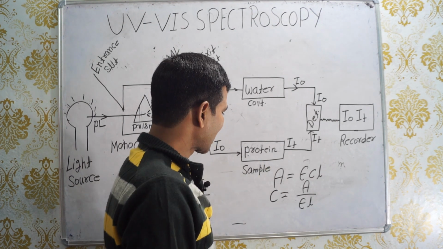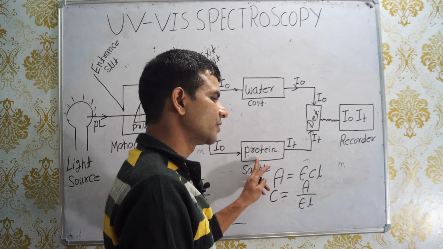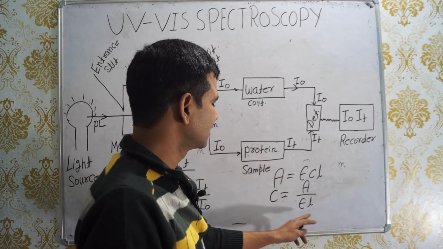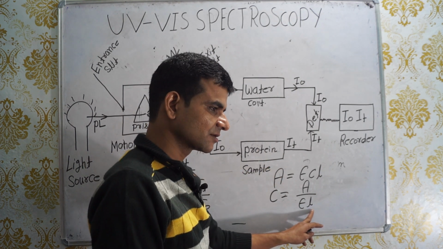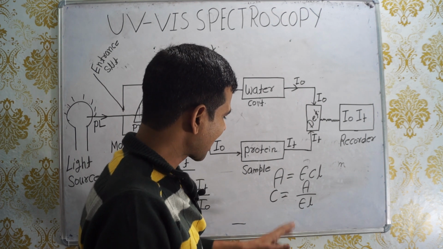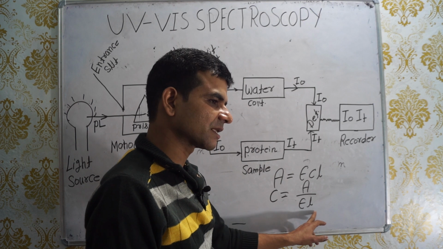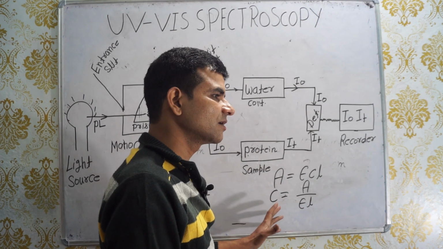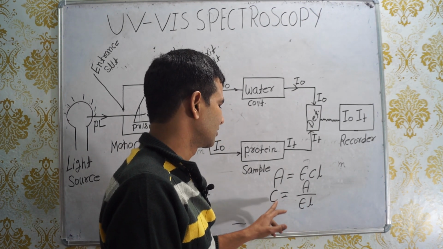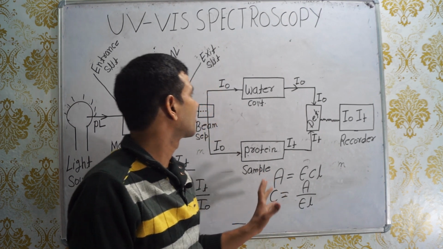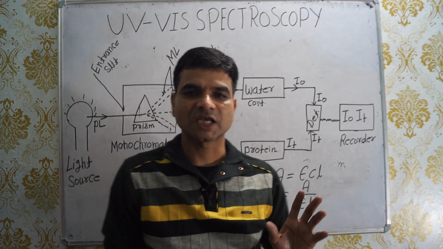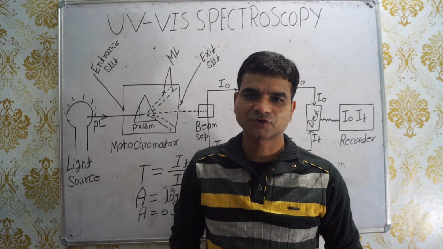So after measuring the width of the cuvette, we can find out the value of path length. And finally, after putting the value of absorbance, epsilon and path length, we can find out the value of concentration. It's all about UV visible spectroscopy. Thank you very much.